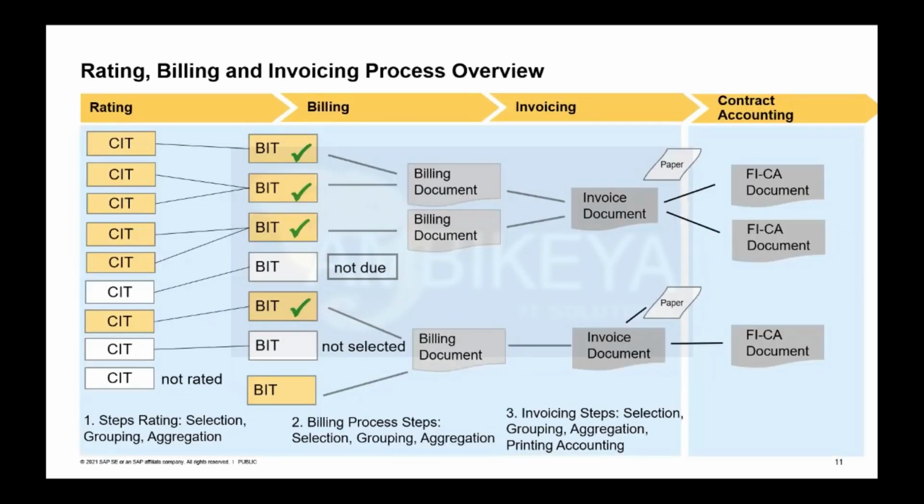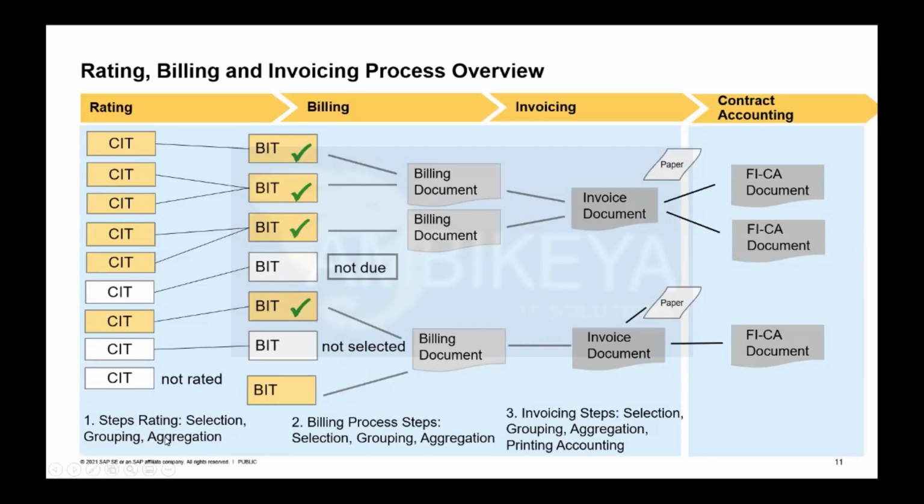Here I have now a document or object overview. We start with the consumption items. This is the abbreviation SIT for consumption item. We then have the billable items. The consumption items are before rating. The billable items are after rating.